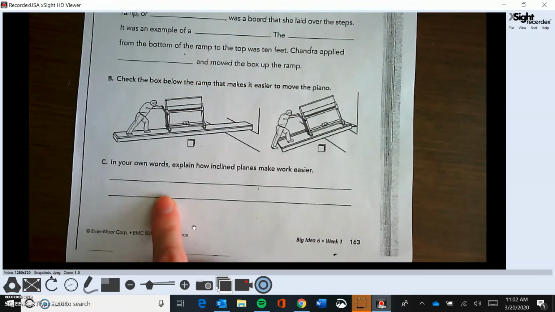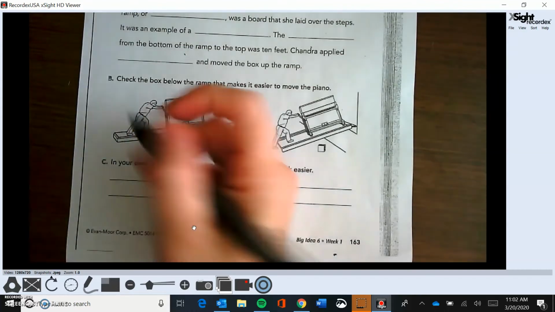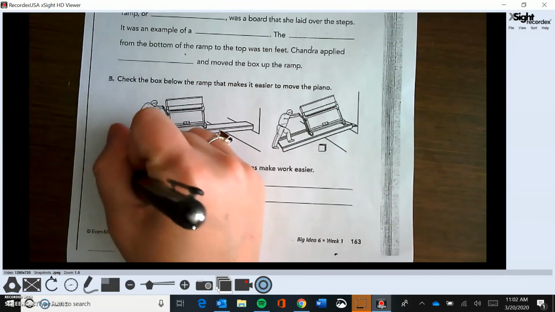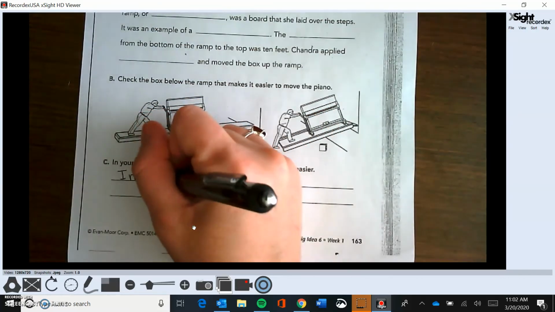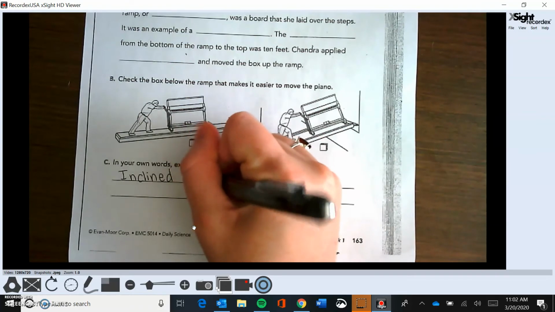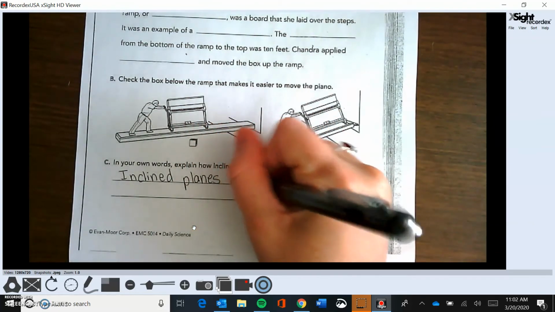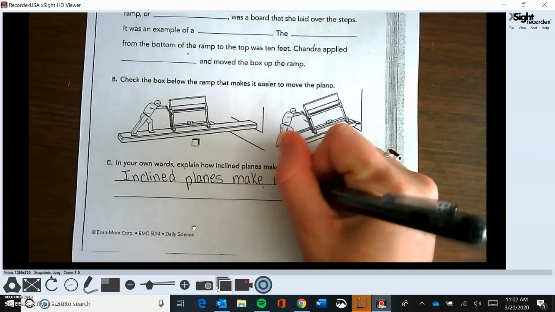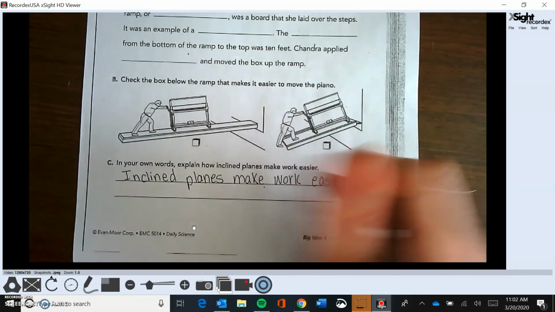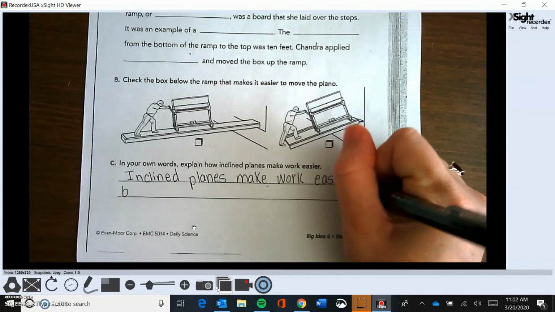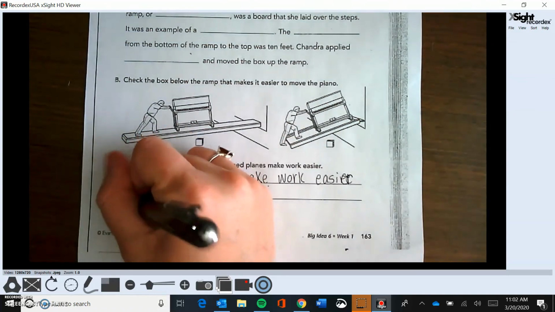And then for C down here, in your own words, explain how inclined planes make work easier. You just need one sentence there about how an inclined plane would make work easier. You can start it out something like this: Inclined planes make work easier by, and then you finish it.